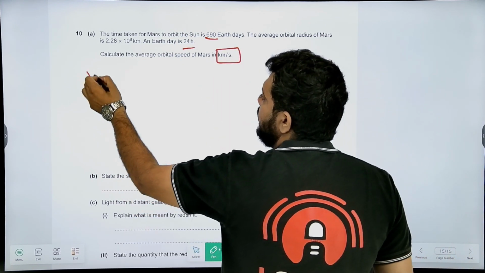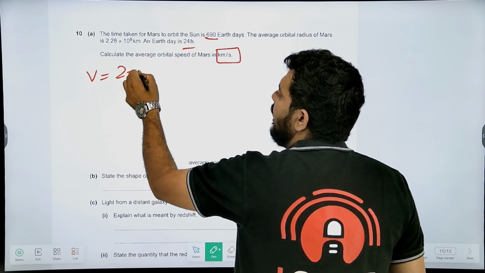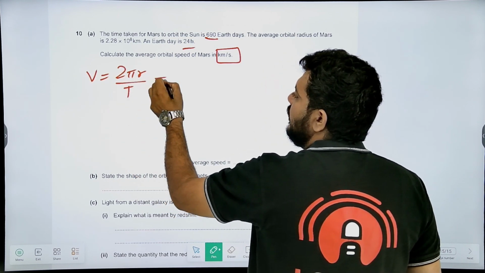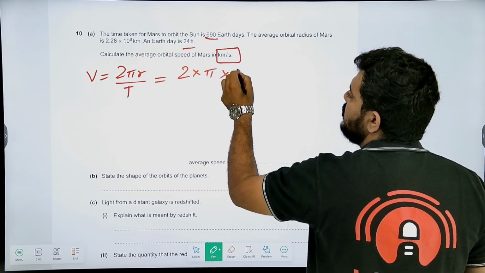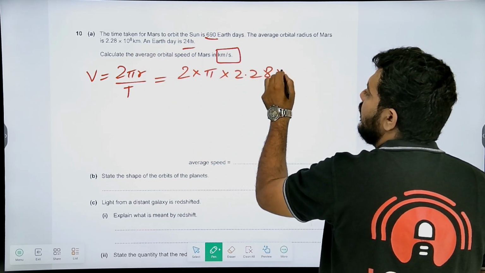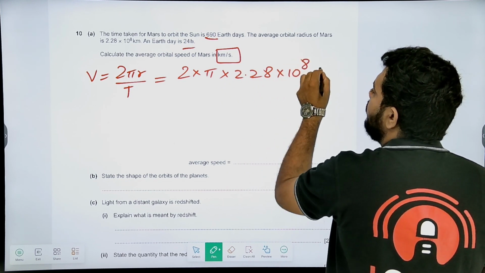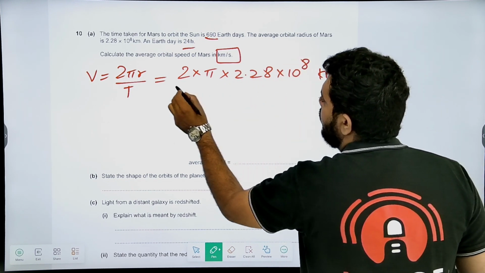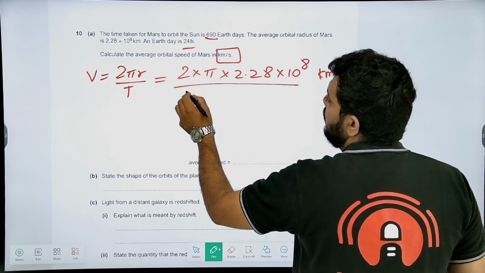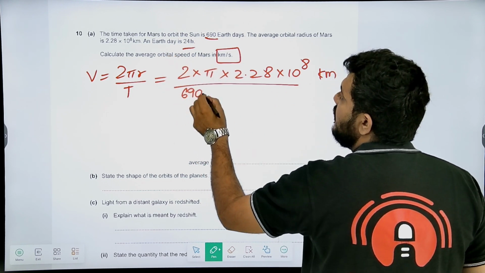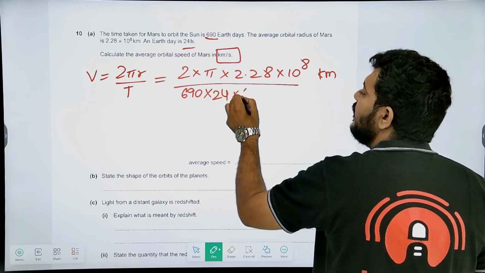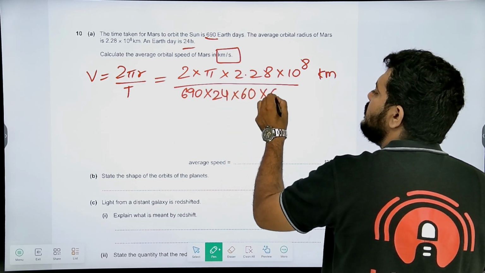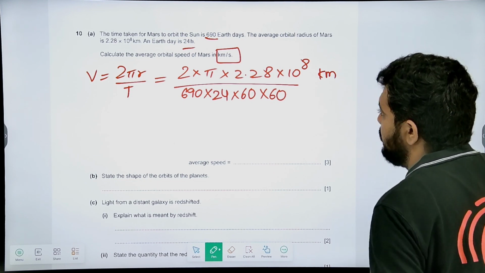The average orbital speed is 2πr by t, right? So we have 2π. They have given the radius is 2.28 × 10^8 kilometers. We don't need to change anything over here, but this says 690 Earth days. So a day is 24 hours, 24 hours to 60 minutes and 60 minutes to 60 seconds.